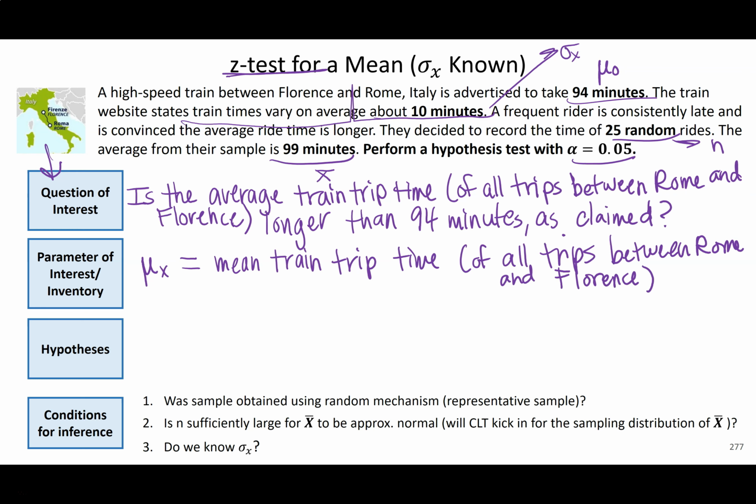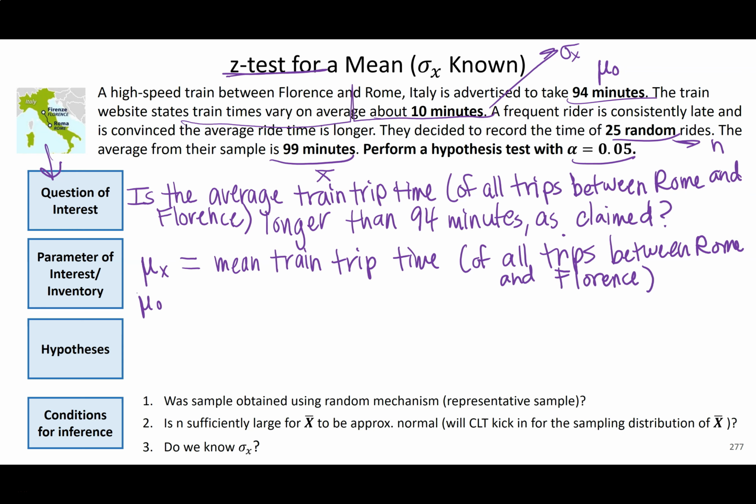So if we ask you for the parameter and we ask you for notation, that's what we mean. If we ask you to describe it in words and context, we mean the second part. Sometimes we'll ask for both, so that's good to know.